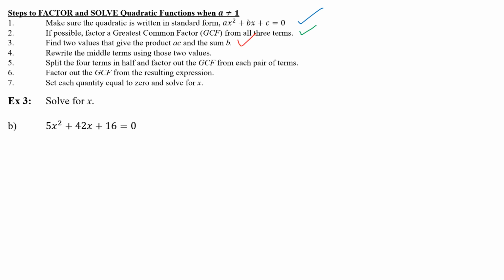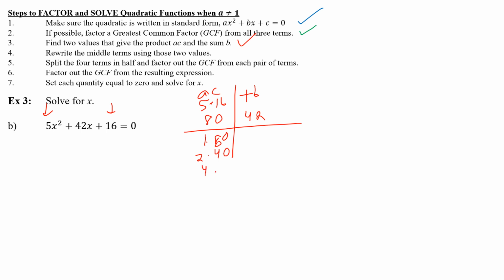Find two values that give you the product AC and the sum B. Okay, so AC, A would be 5, C would be 16. 5 times 16 is going to give you 80. And then numbers that add up to B. So plus B would be a positive 42. Okay, so we have 1 and 80, 2 and 40, not divisible by 3, 4 and 20, 5 and 16, right?